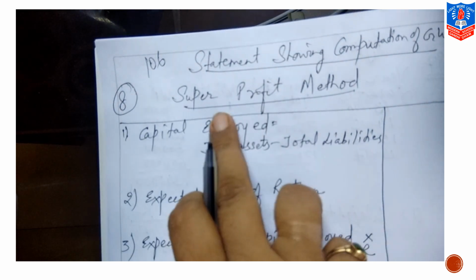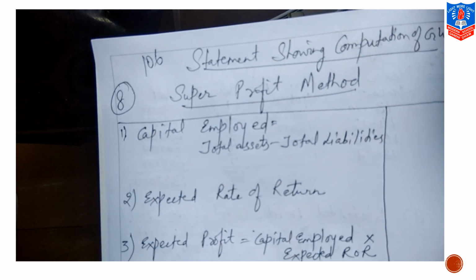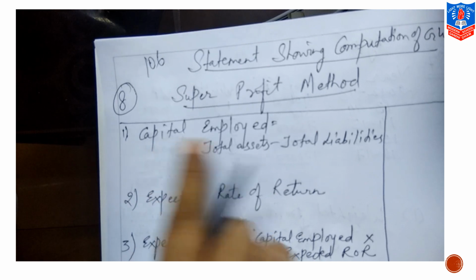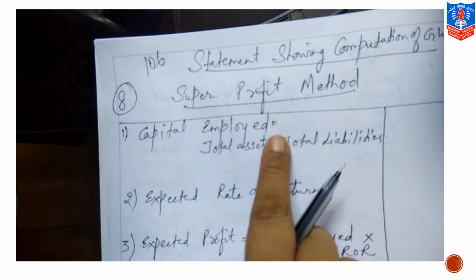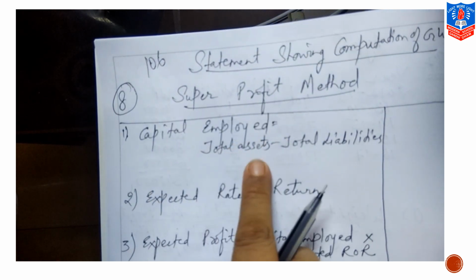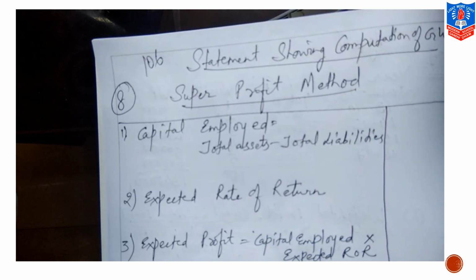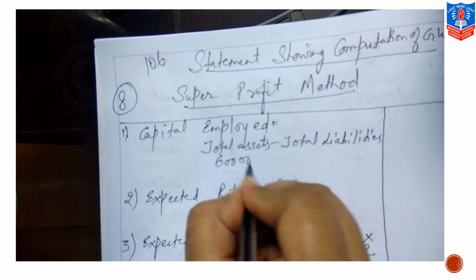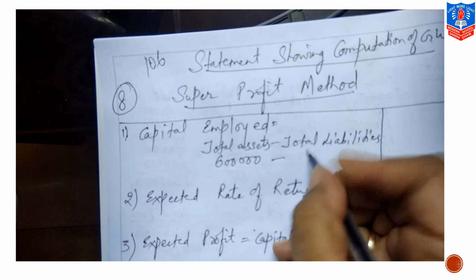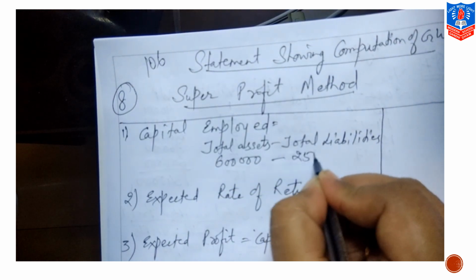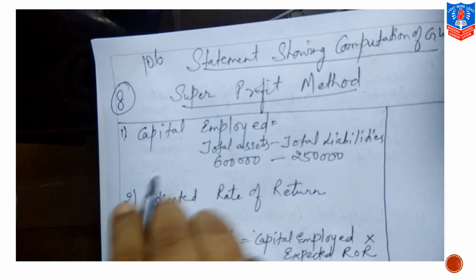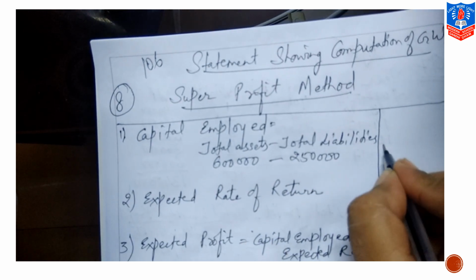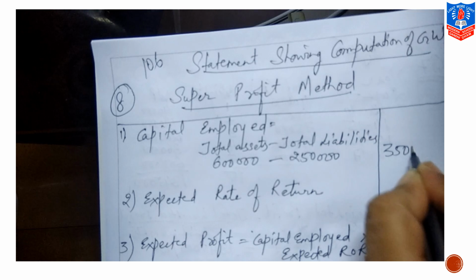Step 1, capital employed, that is total assets minus total liabilities. Total assets given in the question are 6 lakh rupees and total liabilities 2,50,000. So this way we get capital employed 3,50,000.